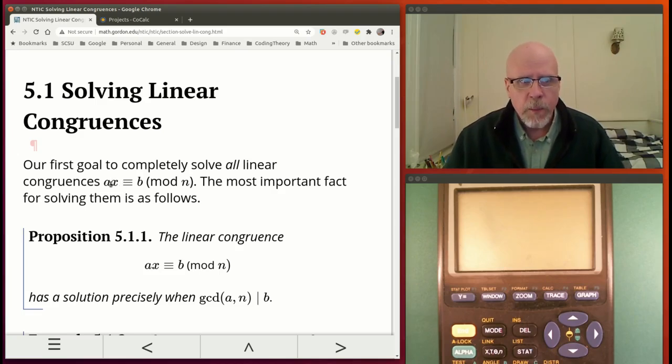So while everything's a letter here, think of a, b, and n as constants, variables that are not in fact changing. And then x is a true variable where we're seeking its value.